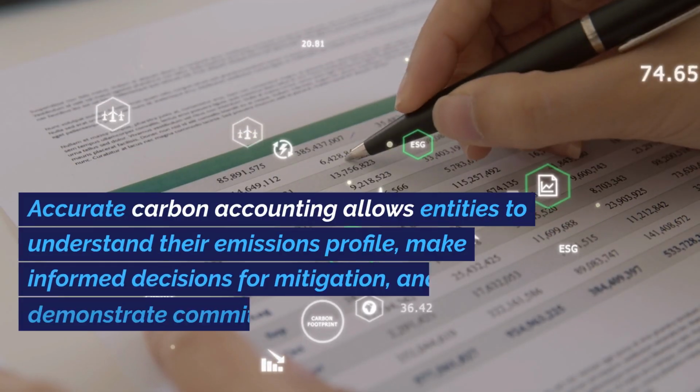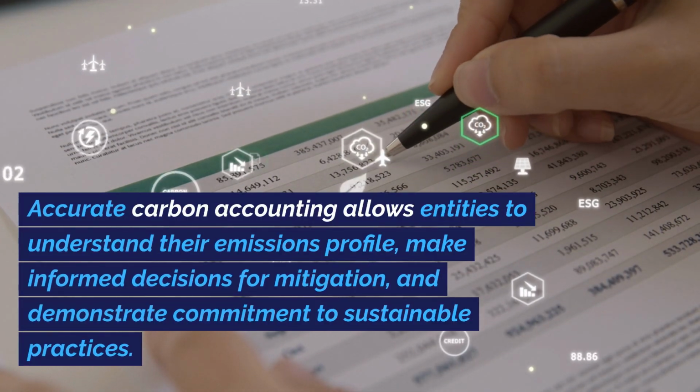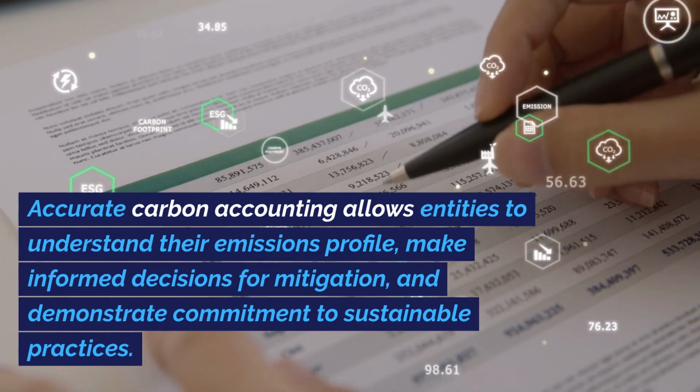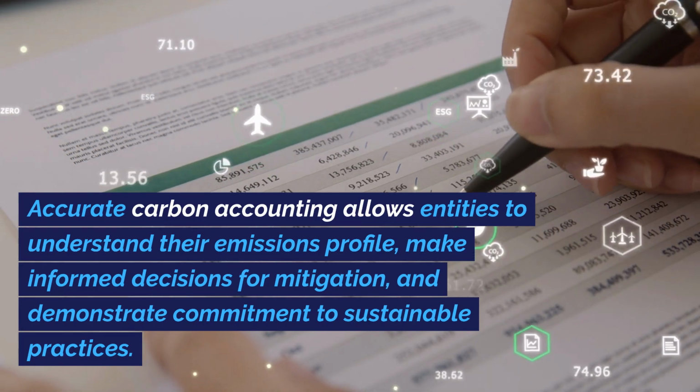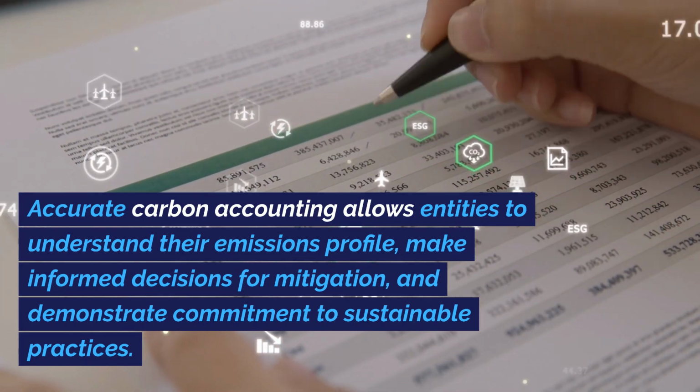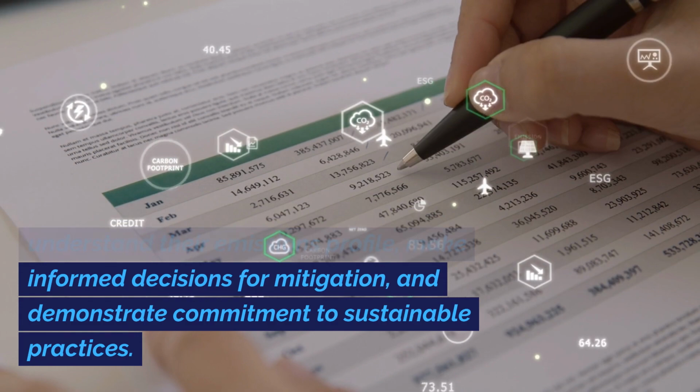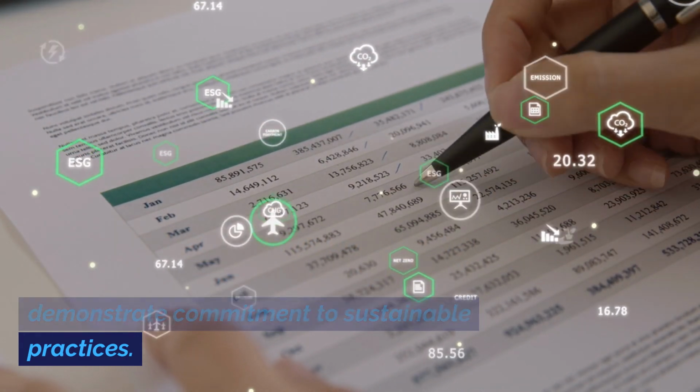Accurate carbon accounting allows entities to understand their emissions profile, make informed decisions for mitigation, and demonstrate a commitment to sustainable practice.